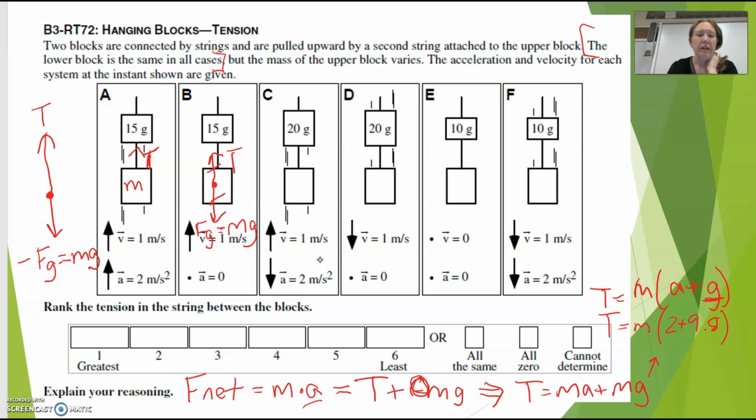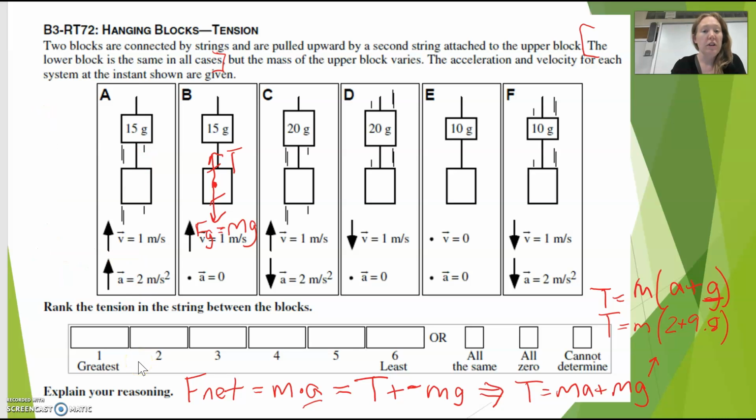So we have a pretty big case here in A, because we're adding 2 to 9.8. So we've got a plus g here for T. Let me pause and erase some of the clutter.